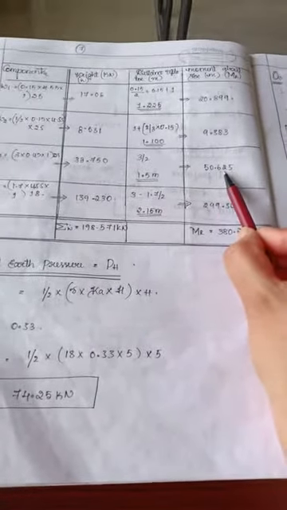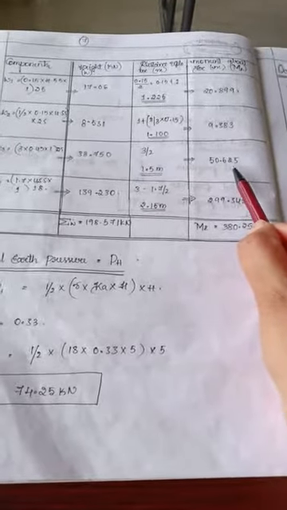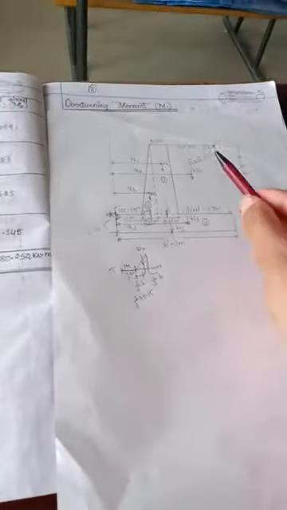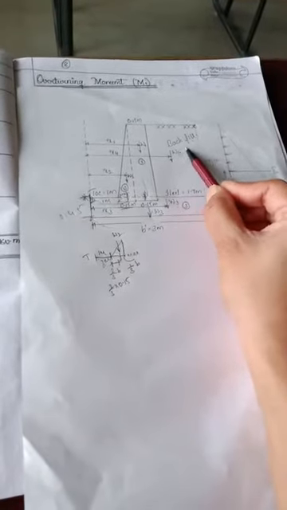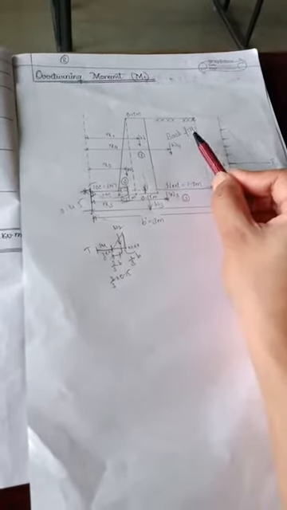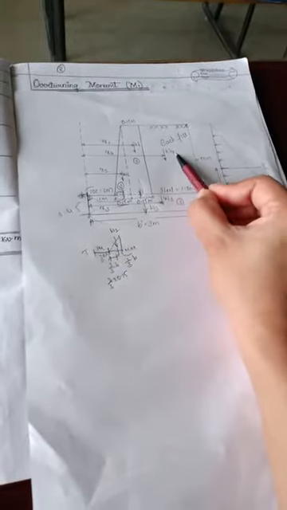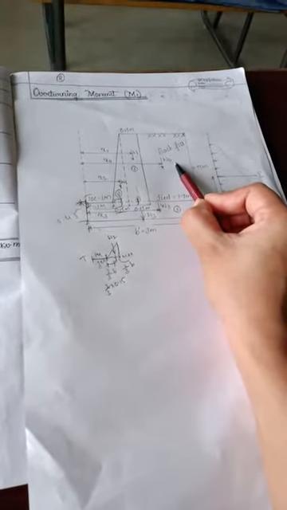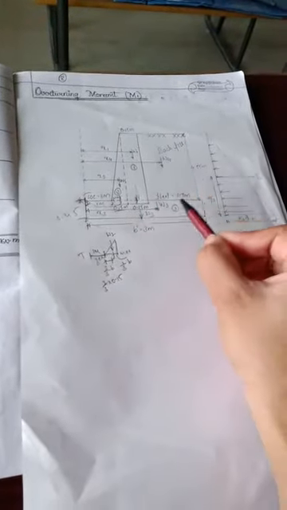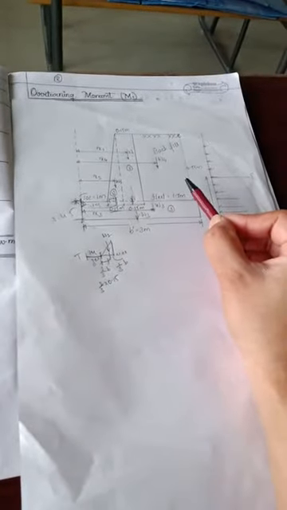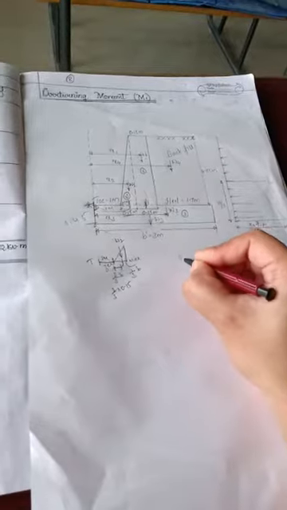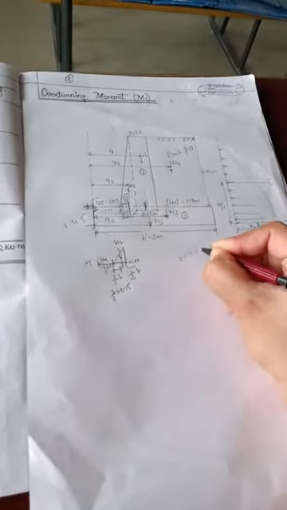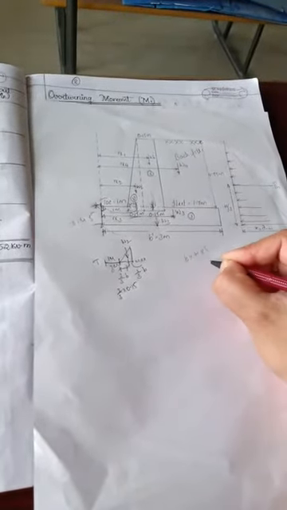After finding these, now we find W4. Where should W4 act? It should be placed in the backfill of the soil. This also is visible like a rectangle shape. Here it is breadth into height into length, where the length value is every 1 meter.